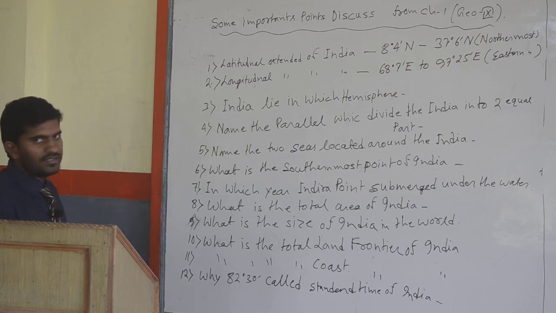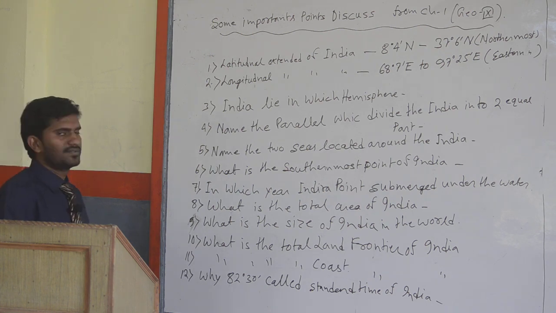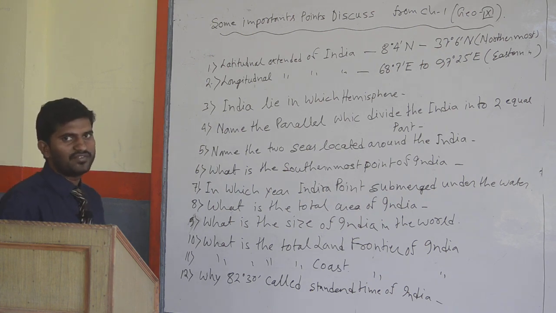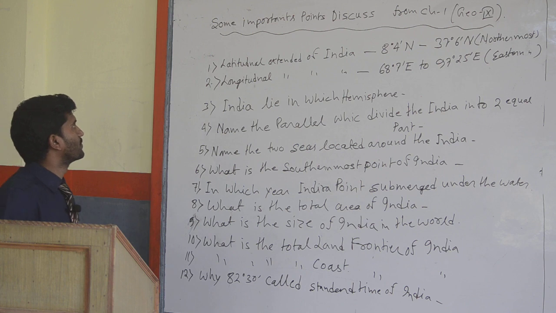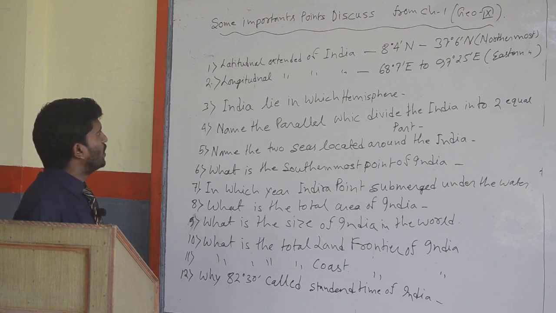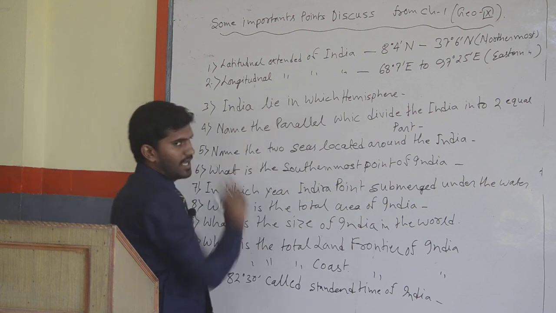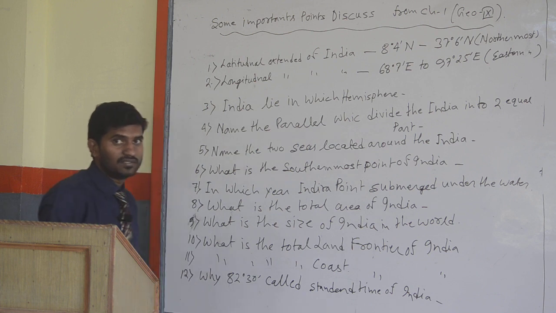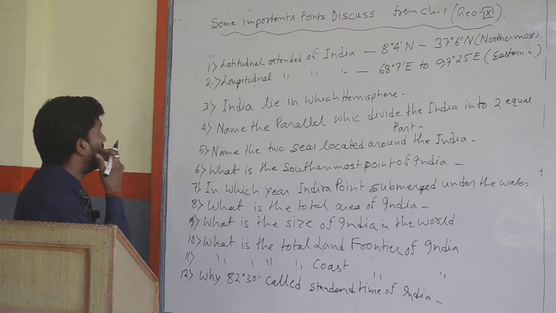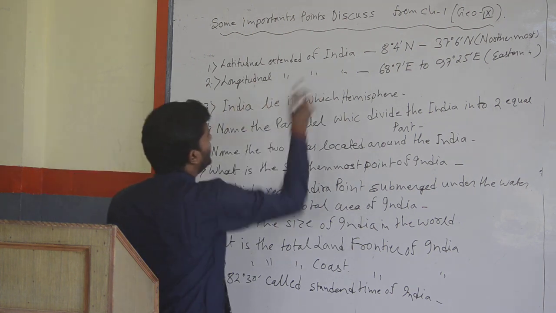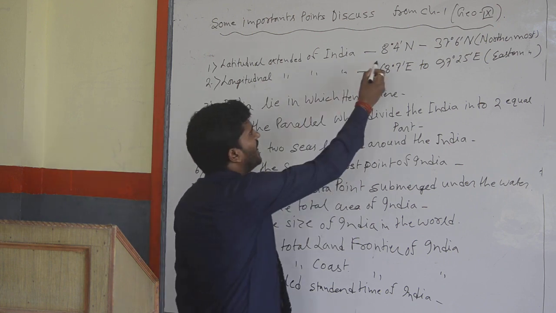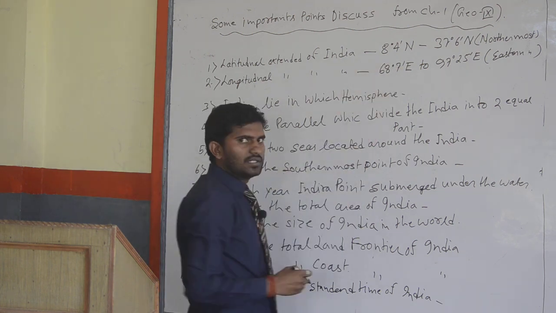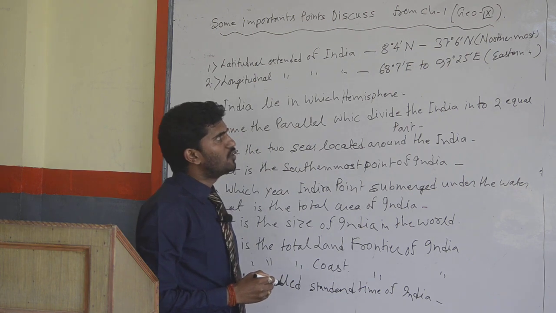Now I am presenting some important points from chapter 1 of geography. Let's discuss the latitudinal extent of India from chapter 1. This is a very important point. The latitudinal extent of India is 8 degree 4 minute north to 37 degree 6 minute north.